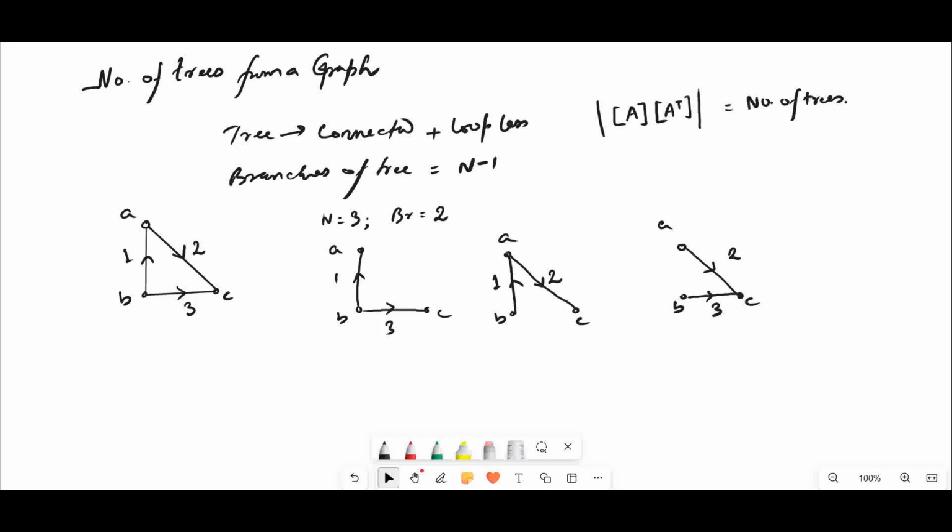As far as we can see, we cannot draw any more trees. So the number of trees that we can draw from this graph is equal to 3.